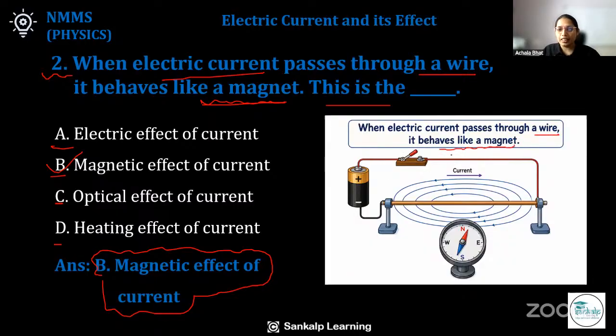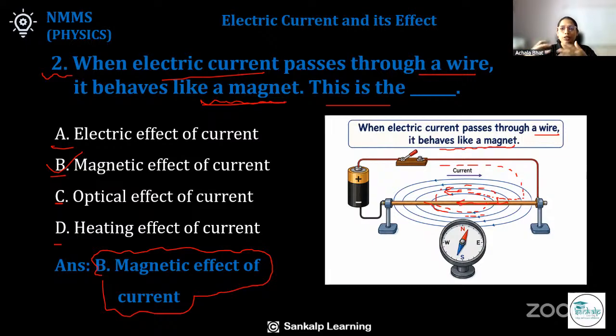See, electric current is passing through this wire. Now, a magnetic field is created. Imagine your favorite actor or politician or any celebrity is walking on the road. What happens?